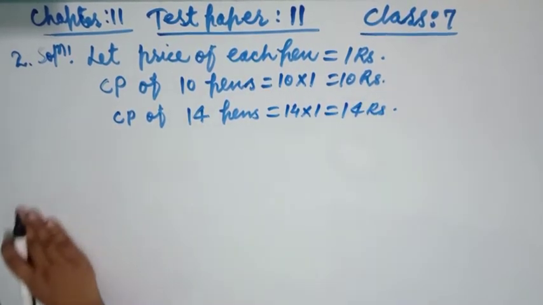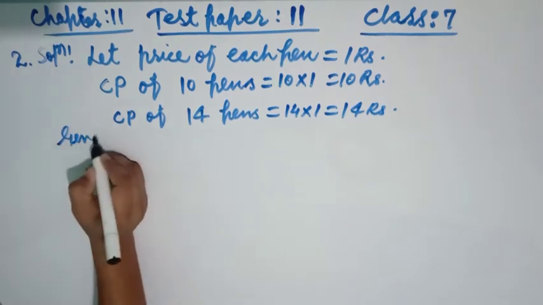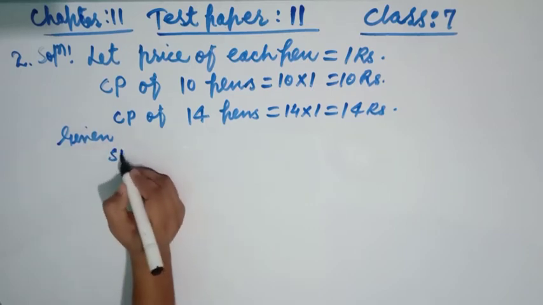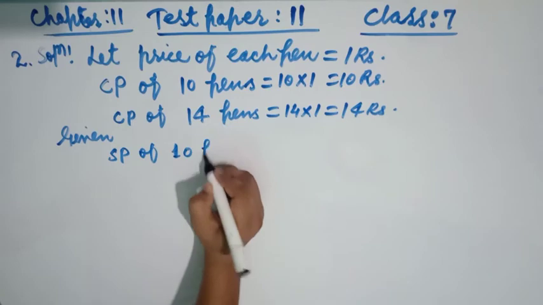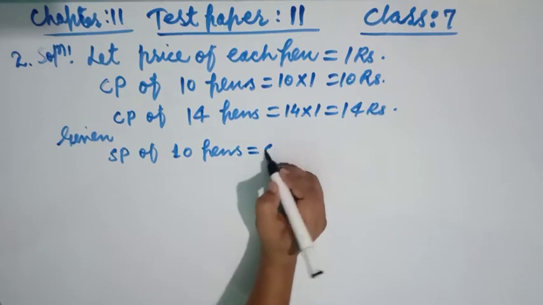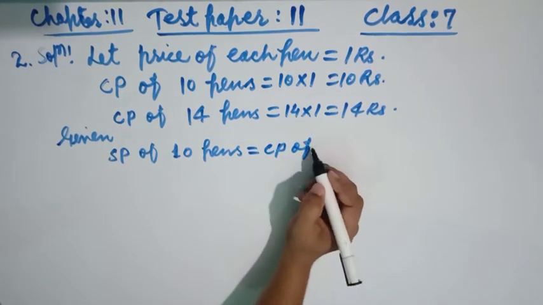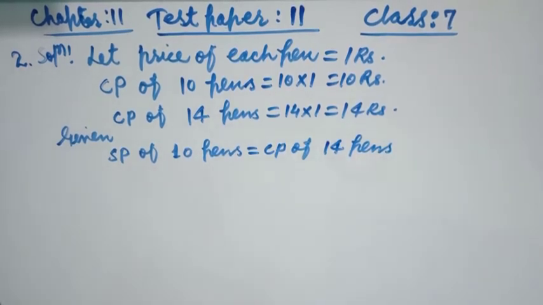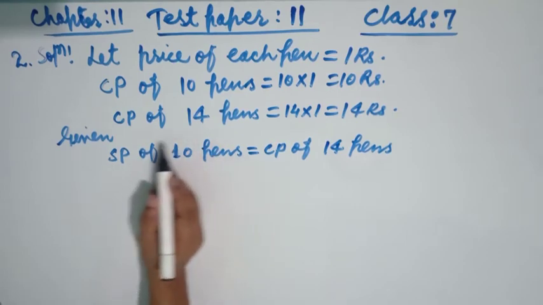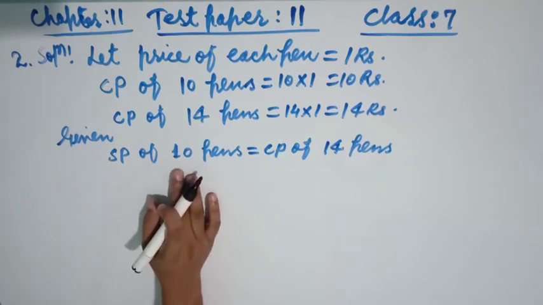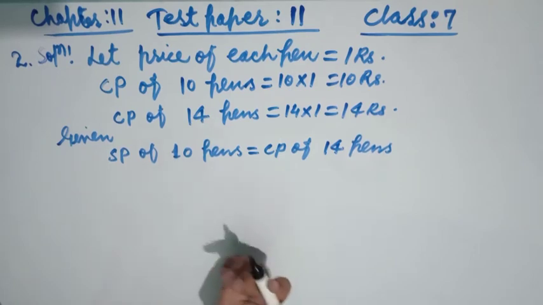Now here is the given thing: the selling price of 10 pens is equal to the CP of 14 pens. So if we sell the 10 pens, we will get a return equal to the cost of 14 pens.